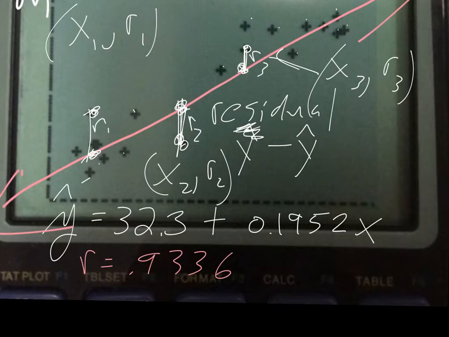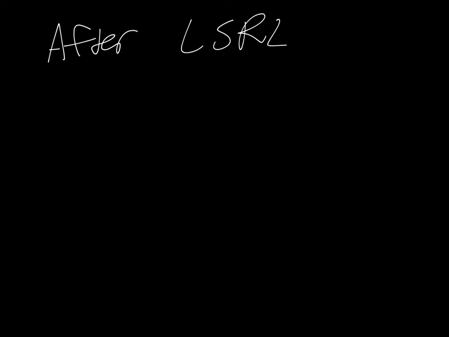So here's how I do it. I'm going to go to my graphing calculator. And after, this is the key, after you find the least squares regression line. So the first thing you have to do is go to your graphing calculator and find the least squares regression line. When you do that, your calculator automatically finds the list of residuals. And if you hit on your calculator second stat, so in yellow it says list, so look at your graphing calculator.